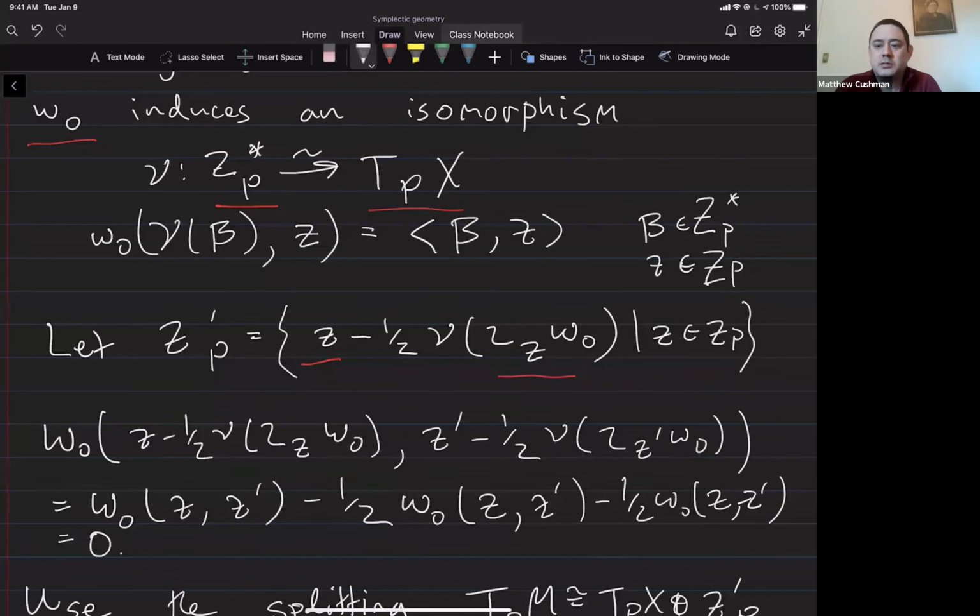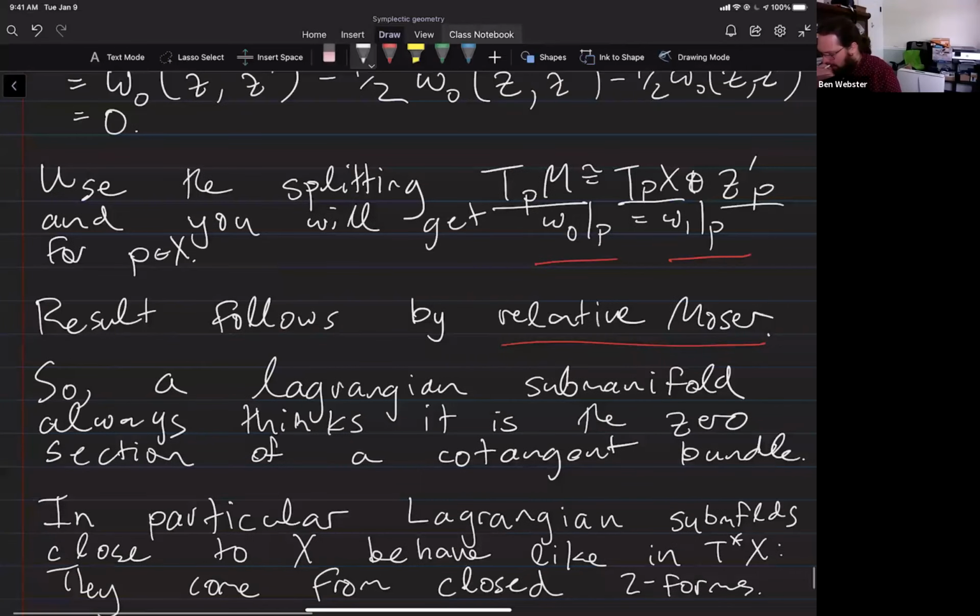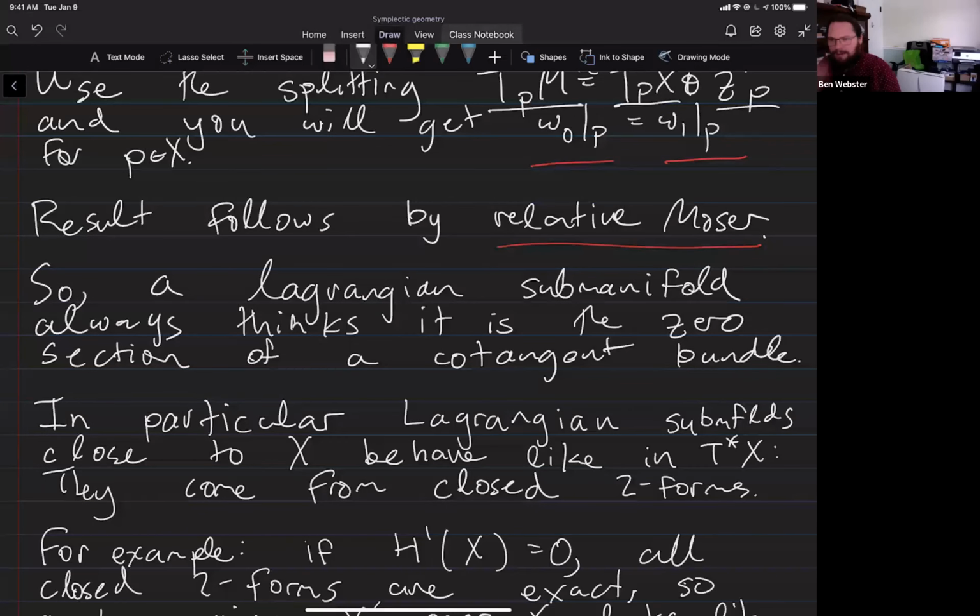And they all look the same up to symplectomorphism, because if you have two complementary Lagrangian subspaces, you just choose dual bases of them, and you will get a standard basis for the symplectic form.